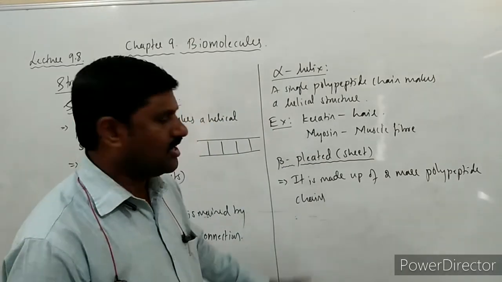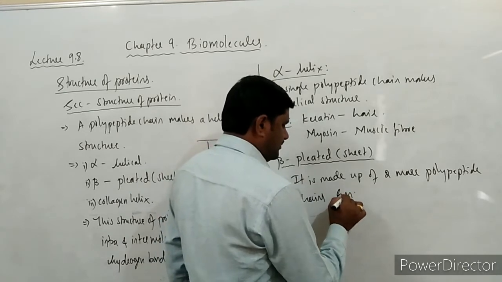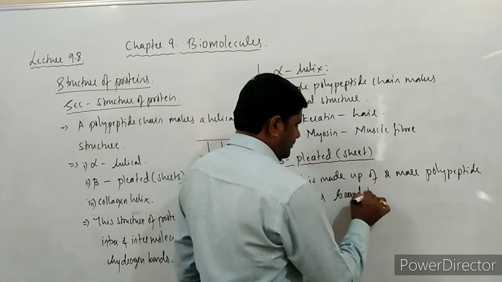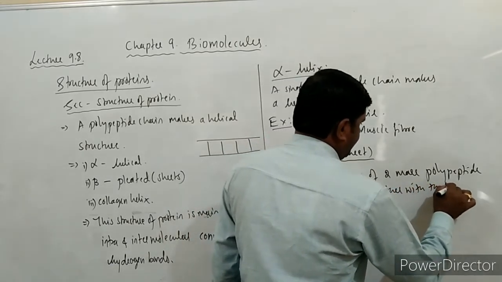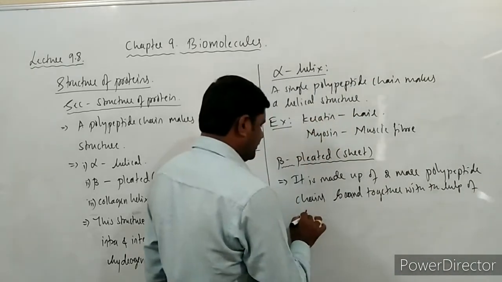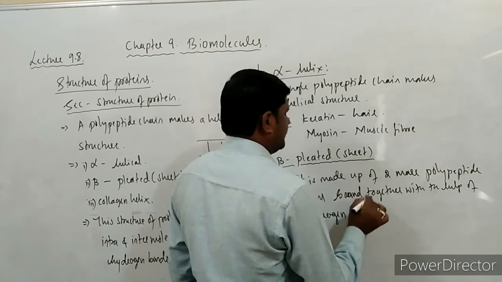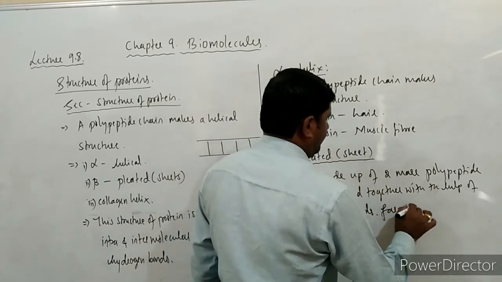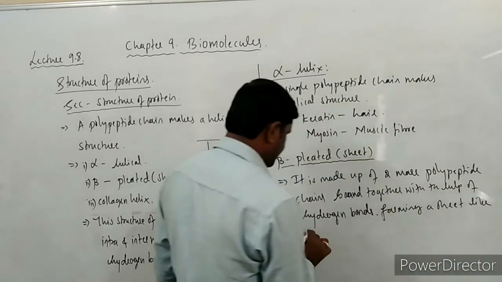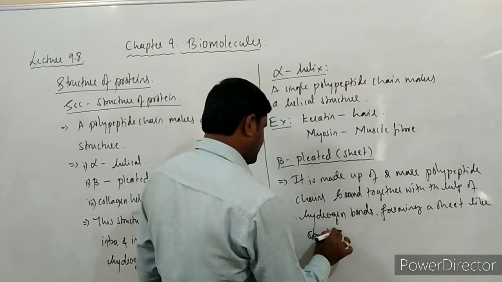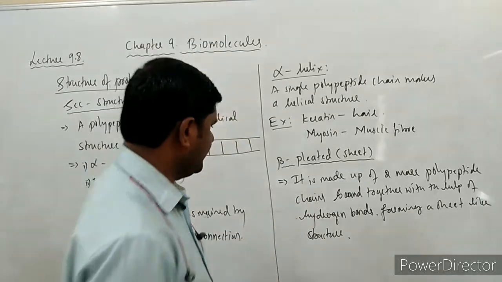It is made up of two or more polypeptide chains bound together with the help of hydrogen bonds over here, forming a sheet-like structure. So this is what we call the beta pleated sheet.